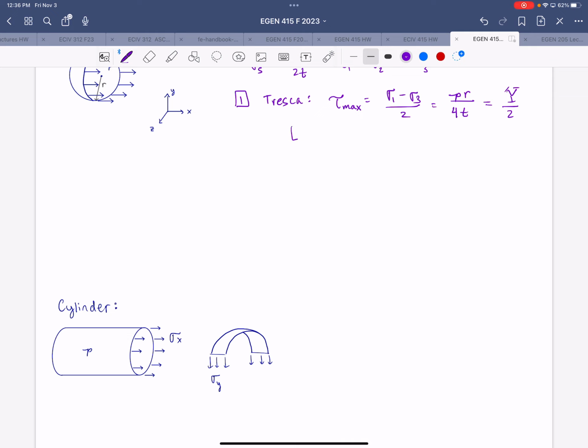So then we can conclude that the maximum internal pressure to cause the material to start yielding, which we can call Py, is equal to 2 times the yield stress and the thickness divided by R.